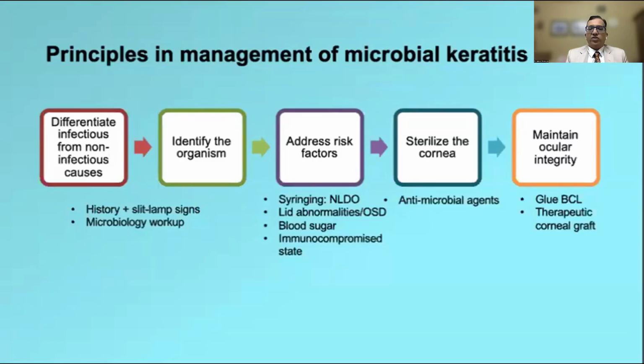And as we treat the patient, we also need to maintain the ocular integrity of the eye and prevent the cornea from perforating, with measures like glue, that is cyanoacrylate adhesive, bandage contact lens, or a therapeutic penetrating graft to maintain the structure of the cornea and the eye.